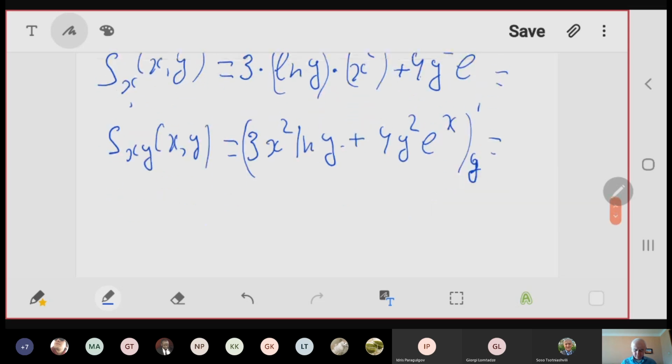And it's going to be, now 3x square is constant, and the derivative of ln y is 1 over y, plus, here 4 times e to power x is constant.